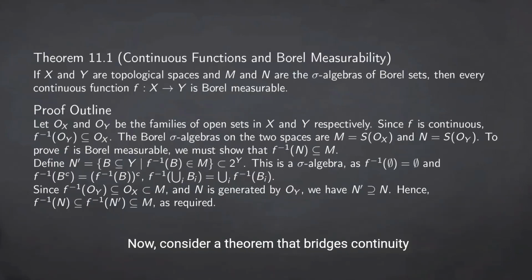Now, consider a theorem that bridges continuity and Borel measurability. If X and Y are topological spaces, and if M and N are their sigma algebras of Borel sets, then every continuous function from X to Y is Borel measurable.